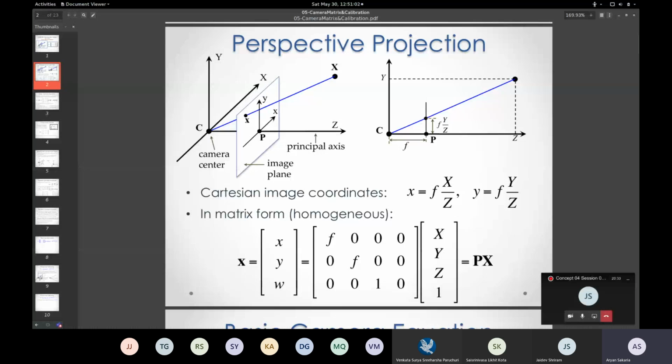So we are just interested in the x and y part of it, right? So according to this figure, every y location of a point is just gonna be y equal to f into Y by Z. And it's not very difficult to see if you look at this small f.